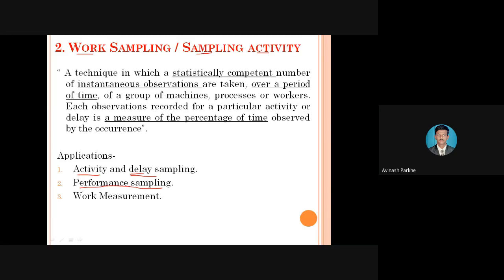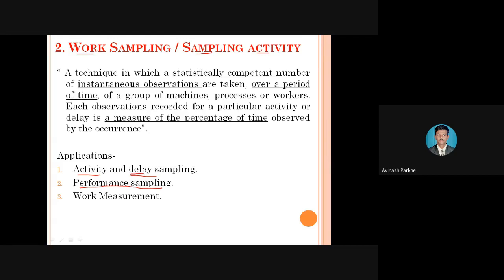When one supervisor visits the production department, he observes that this is machine number 1, this is operator number 1, and he started his job at 8 a.m. Then the same supervisor visits the same production department once again and observes that operator number 1 is continuously working on machine number 1.